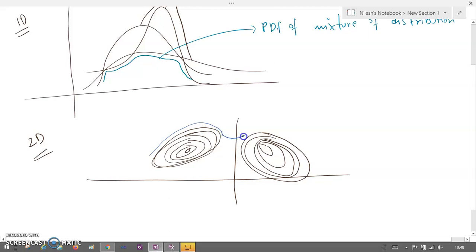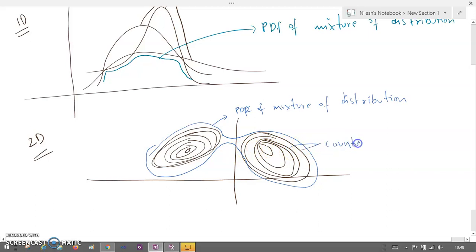Okay, and then this is the PDF of a mixture of distribution. These are basically the contour lines, and these are the individual PDFs.